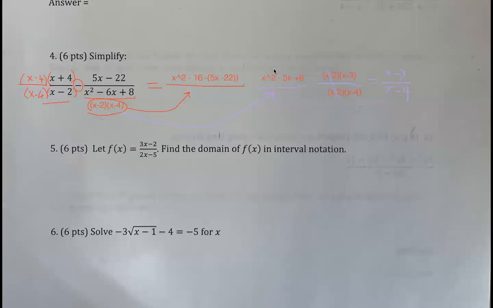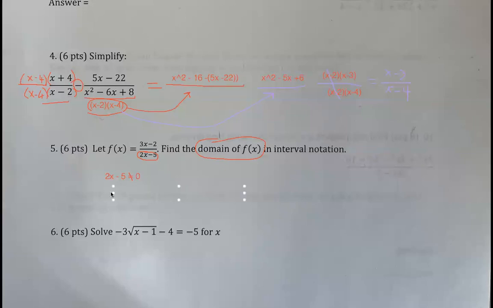For 5, we want to find the domain of such a function, right? This is a rational expression. How do we find the domain? We take the denominator. We say the denominator cannot be 0, because in mathematics, we don't deal with dividing by 0. So 2x minus 5 cannot be 0.